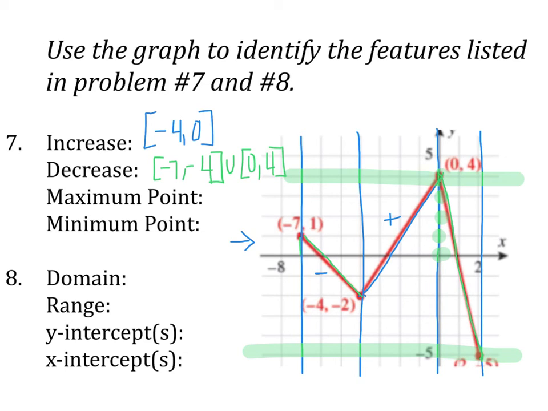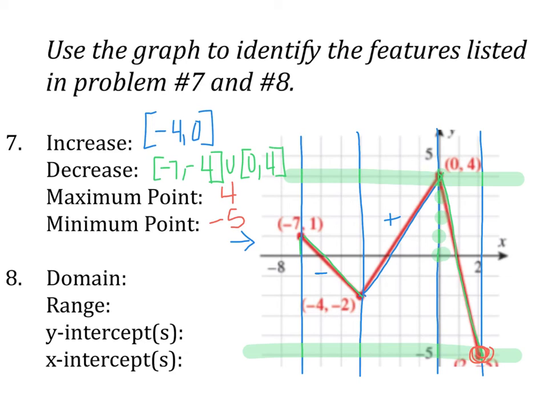So let me write down, the max point would be 4. We're only worried about the y value. And then the minimum point, you can see down here, that takes you down to -5 for the minimum.